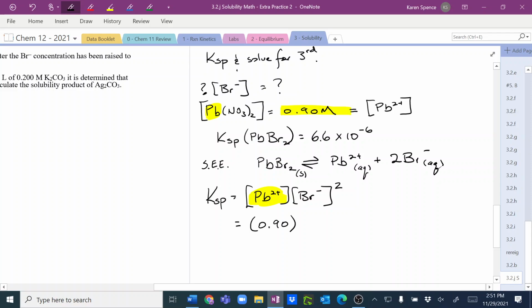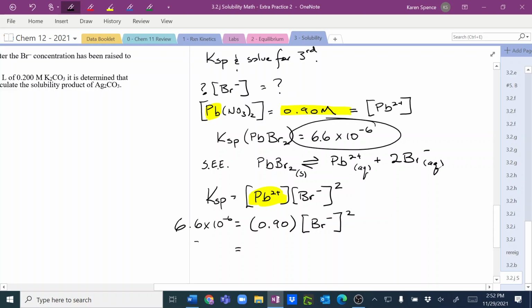0.90. We don't know the concentration of bromide. That's what we're going to solve for, so I'm just going to leave that as is. If you want to put an X in there, you can, but you can just leave it as concentration as well. I cannot have two unknowns. So if I don't know the concentration of bromide, I have to know the Ksp. So we plug that in, 6.6 times 10 to the negative 6.